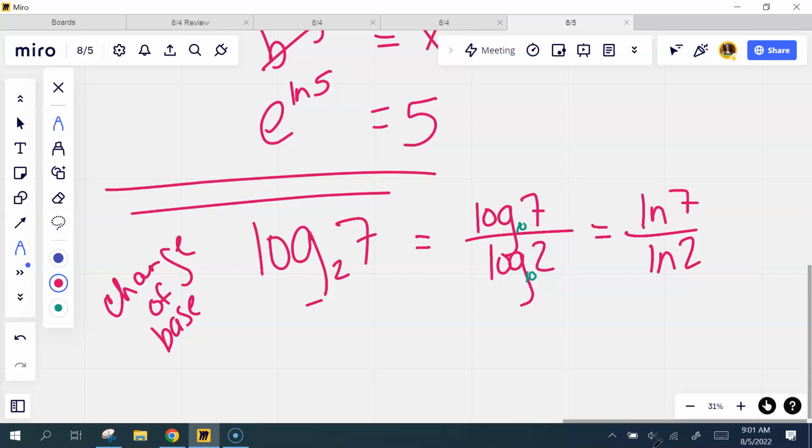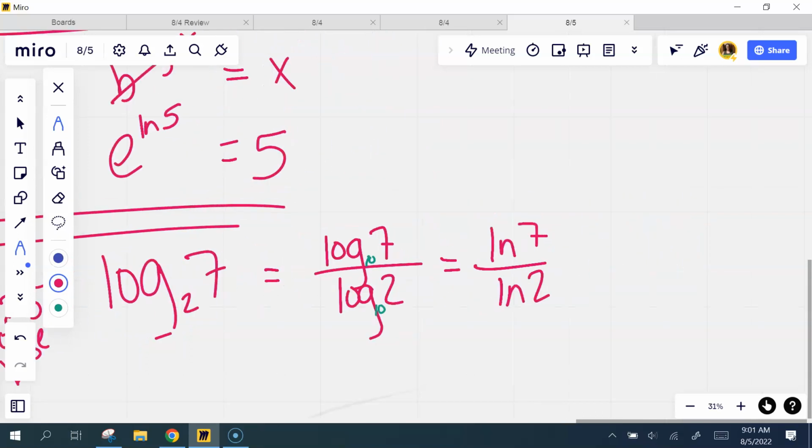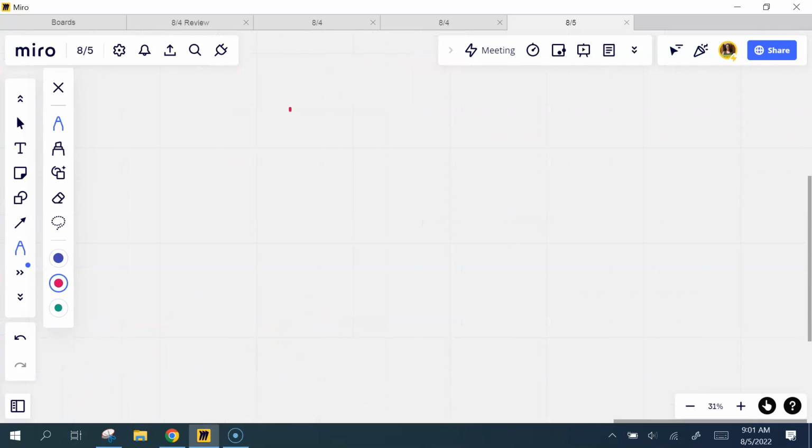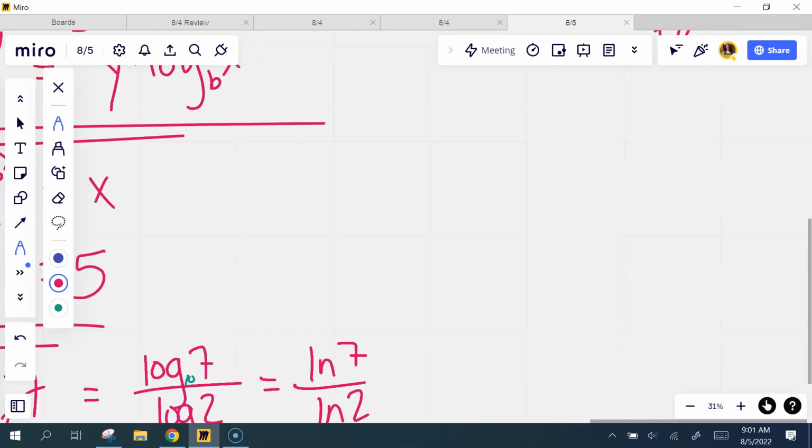Well, for logs, I think. Compound interest, remember that? Specifically, really the one that we will focus on is, I'm sorry.